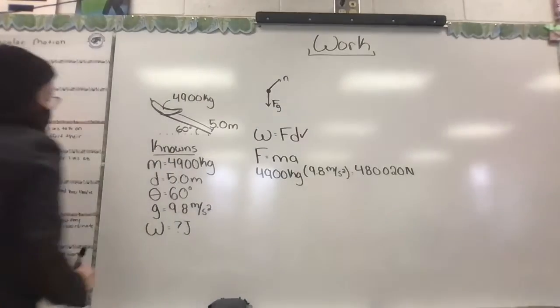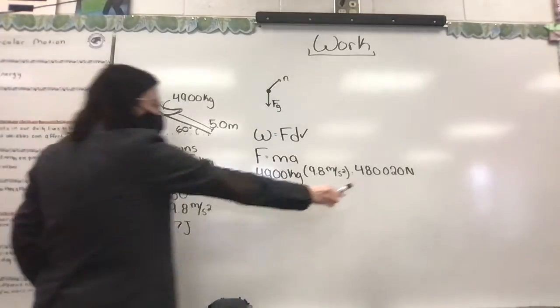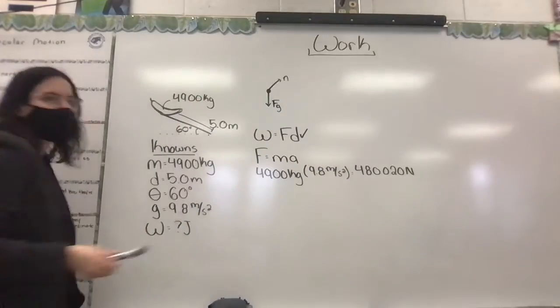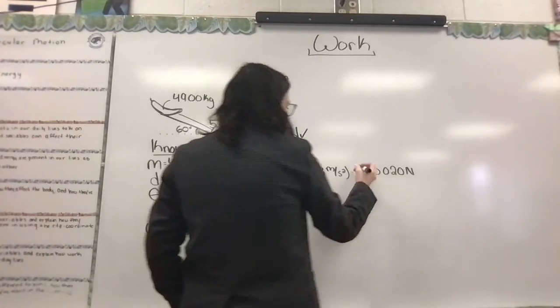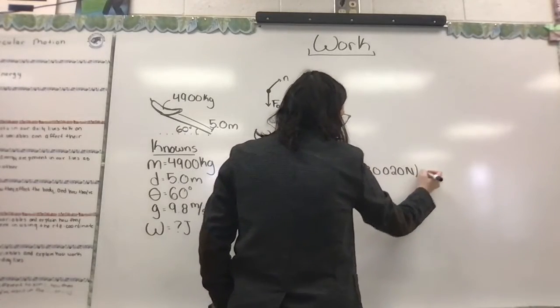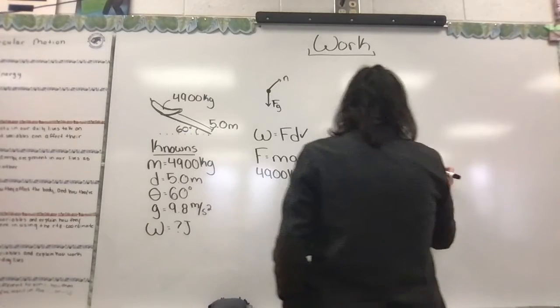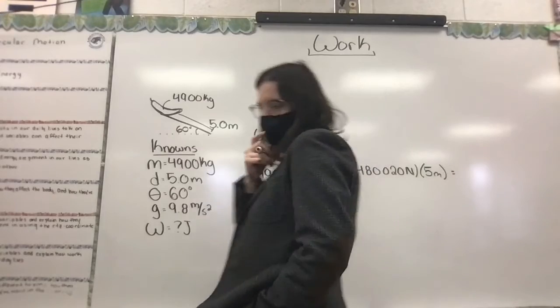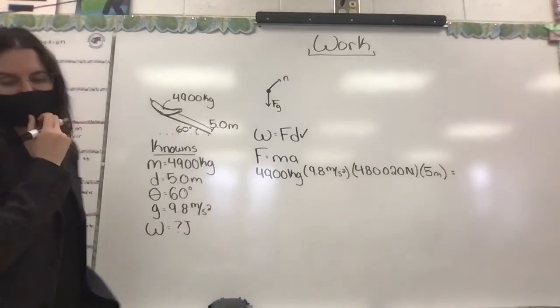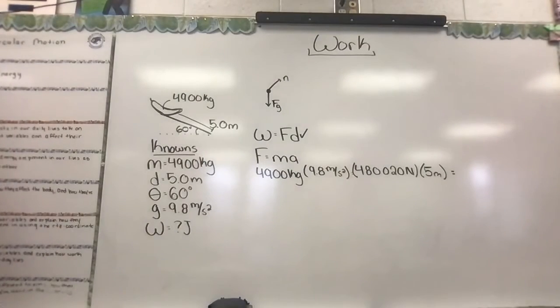Okay. Now, since we know that and we know the distance, can we find the work done? Yes, we can. Okay, so to find work done, we're going to do this times what? What's our distance? 5 meters. Okay, so what is our final answer? Also, I want you guys to make sure that you're 100% positive about what you got as your force.